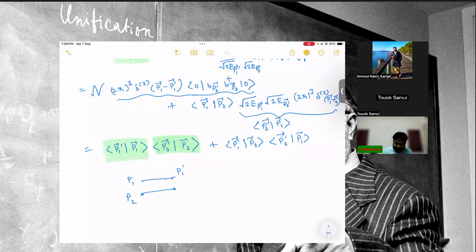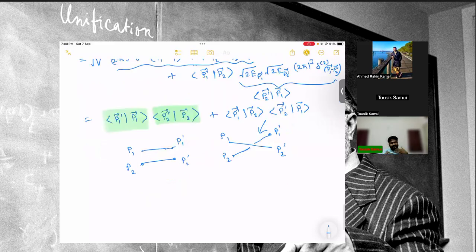And it can be in a different way, from the second term, P1 to P2 prime, and P2 to P1 prime. So it's just the combinatorial thing. But this basically says that the field is just evolving as a free field, and hence these are not the interesting part that we are looking for.